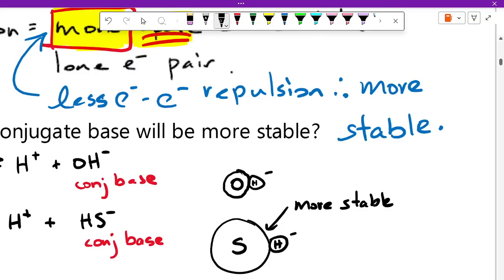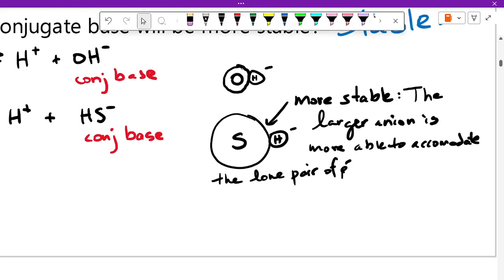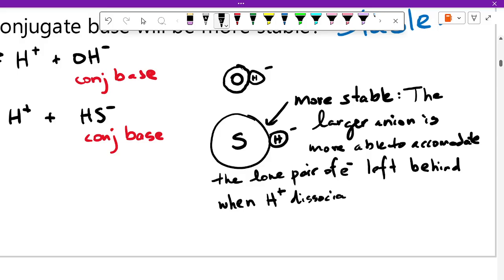The larger anion is more able to accommodate the lone pair of electrons left behind when hydrogen dissociates, and therefore this is a lower potential energy state.